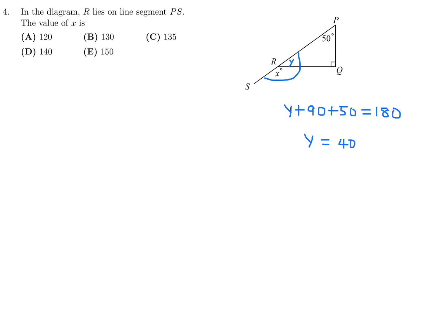Now, these two, because they're angles about a line, add up to 180. So x plus y is 180. Y we just figured out was 40. So x plus 40 is equal to 180, and therefore x is equal to 140. So number 4, the answer is D.